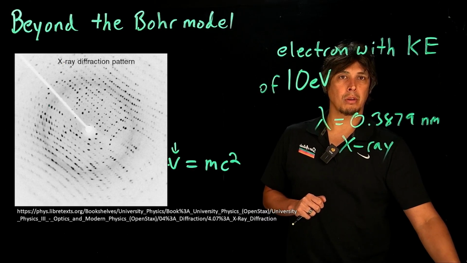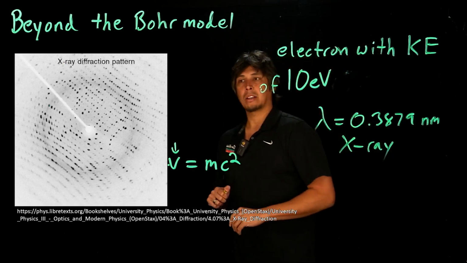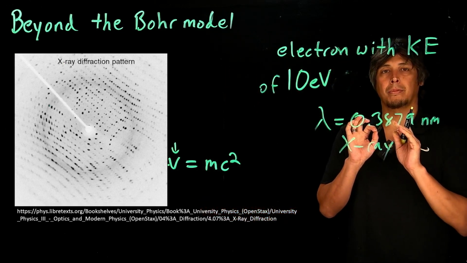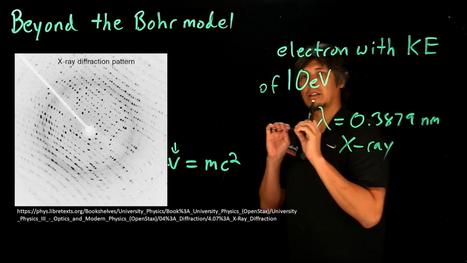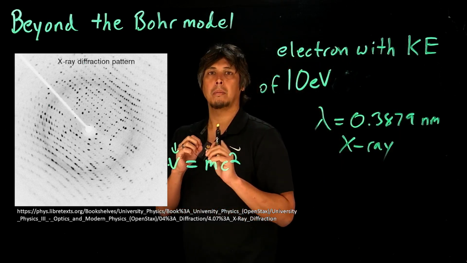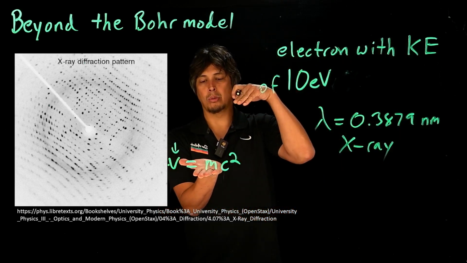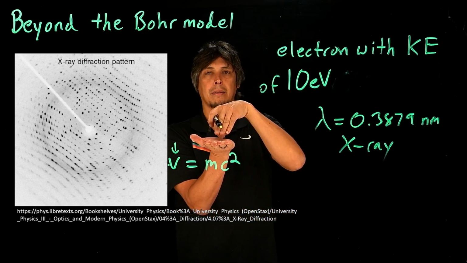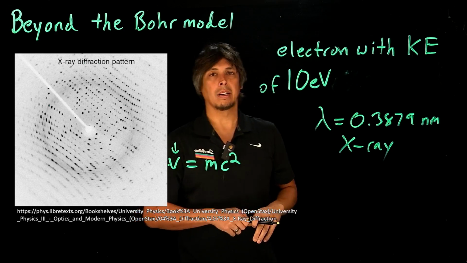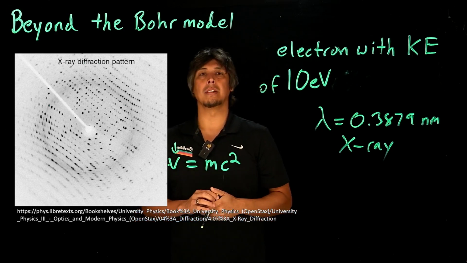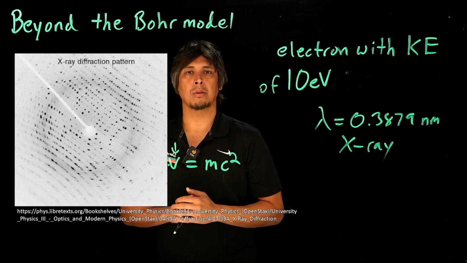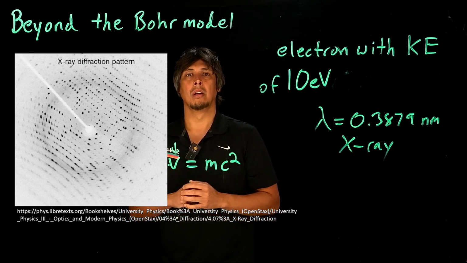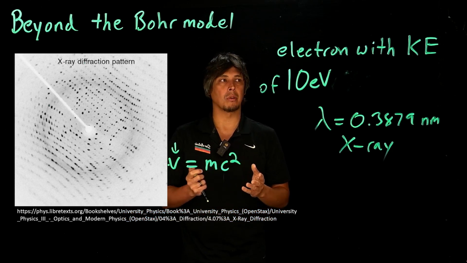And this is really important for something like X-ray diffraction, where we, for instance, can take a crystal of a compound and we can shoot electrons at high energy at the crystal, and we can get diffraction of these electrons and back calculate the structure of the material that we have the crystal for.